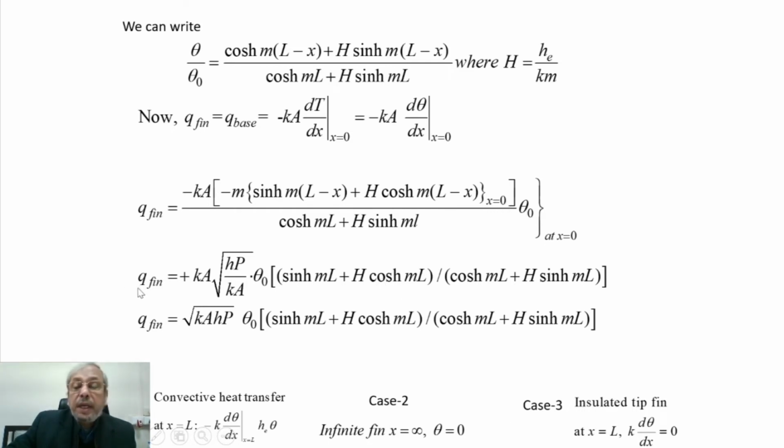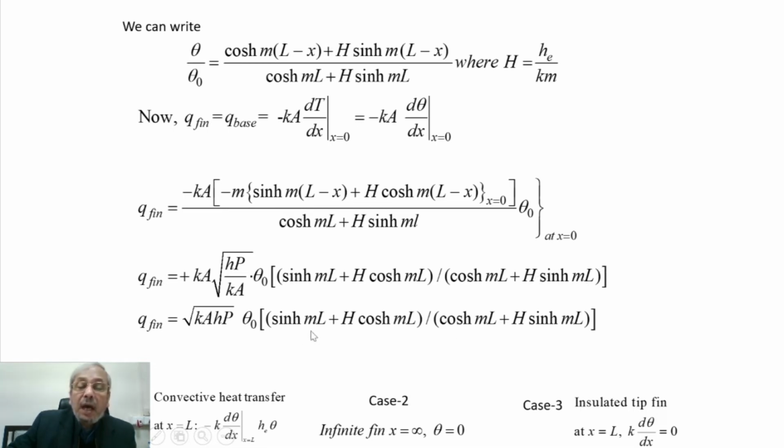So Q fin, then we can write basically kA, and m is root over hP by kA, into theta naught, multiplied by this term, sinh mL at x equal to 0, H cosh mL at x equal to 0, divided by cosh mL plus H sinh mL.